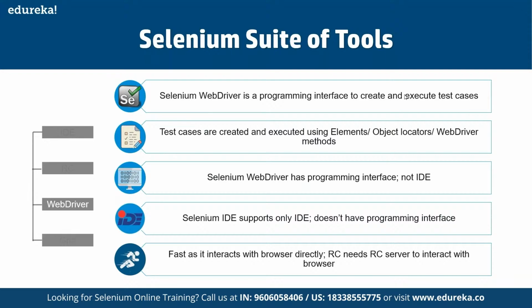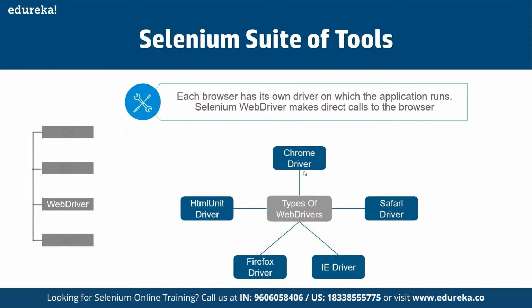All right. And last, we have the components of Grid. Now, in terms of WebDriver, we have multiple WebDrivers available. Each browser has its own WebDriver. For example, we have WebDrivers for Chrome, Safari, IE, Firefox, and the HTML unit. Based on whichever browser we want to test the application on, we can test that.